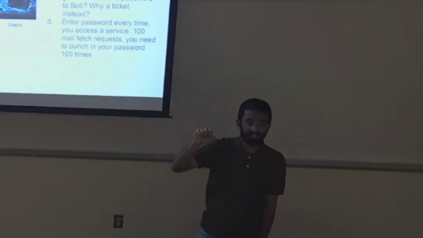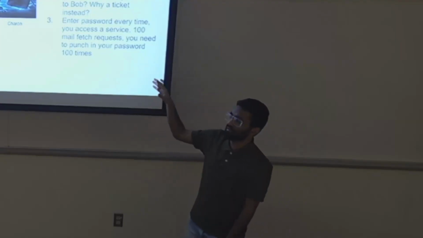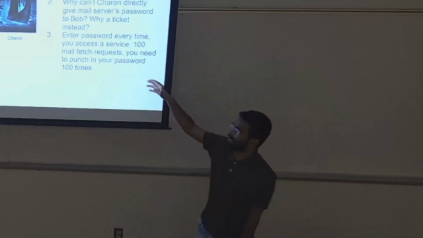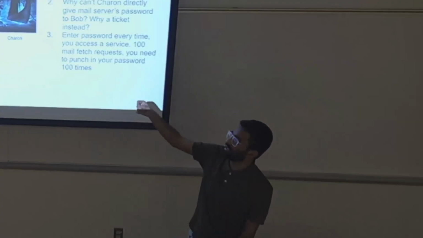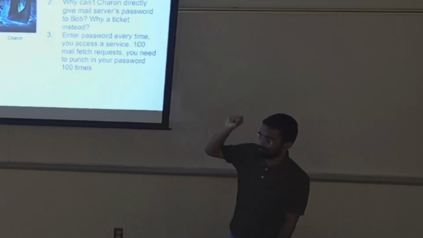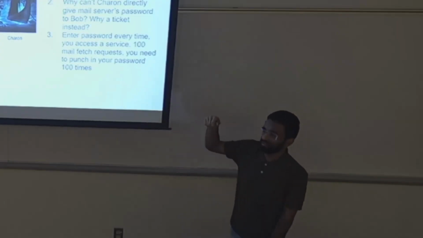The reason we don't allow that is because that way Bob can bypass Sharon altogether. Because if Sharon gives Bob the password to the mail server, the next time Bob has to make a request to the mail server, he'll just reuse that password, right?